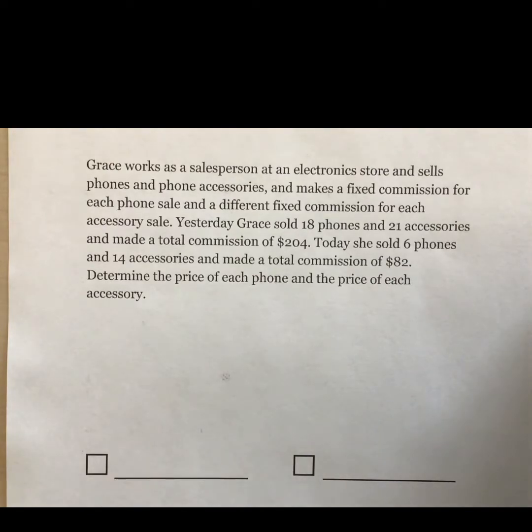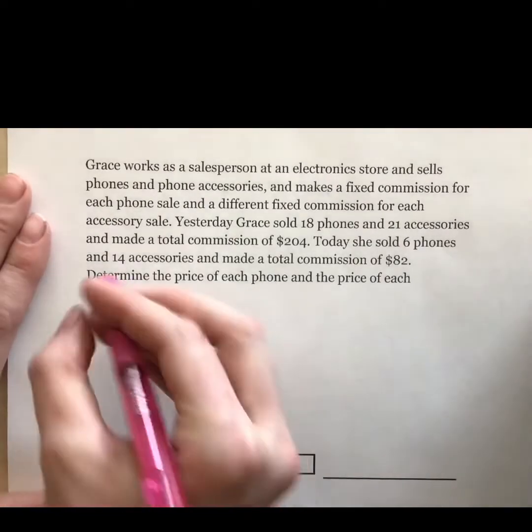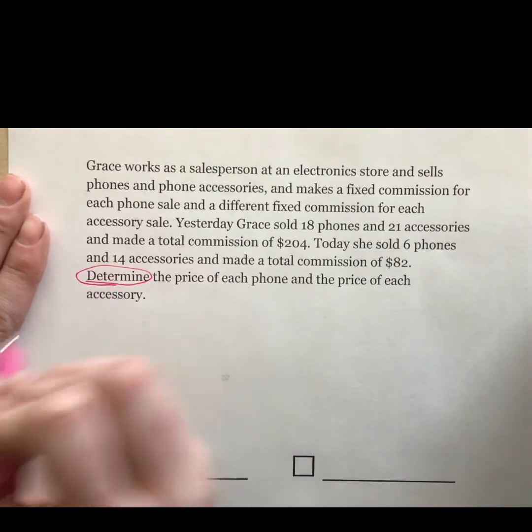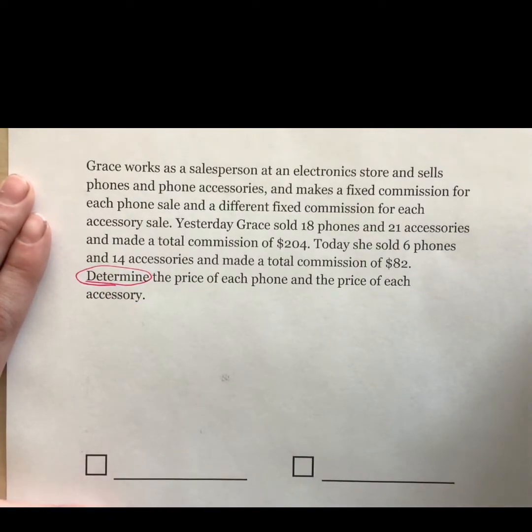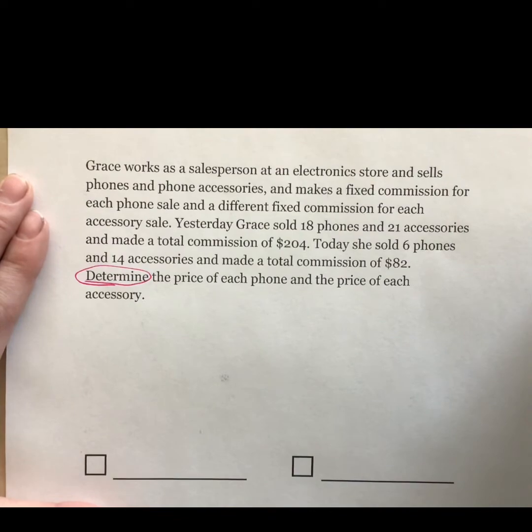Well, the first thing we want to do is figure out what we are trying to solve for. There's a lot of words here. And the first thing we need to look for is that word determine. And again, it's in our last sentence. Determine the price of each phone and the price of each accessory. So we have the price of a phone and the price of the accessory.